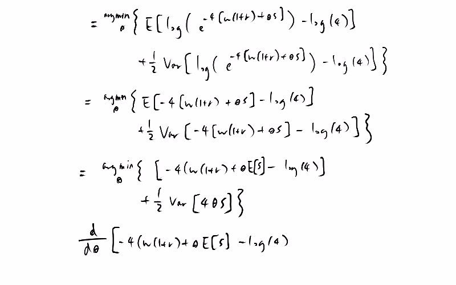Let me make sure I get it all right. Plus half variance 4 theta f. Okay. Take a derivative. Equate that to 0, right? And there's no theta here. This goes away. There's a theta here, so this has to stay. No theta here. This goes away. Theta here, so this has to stay.